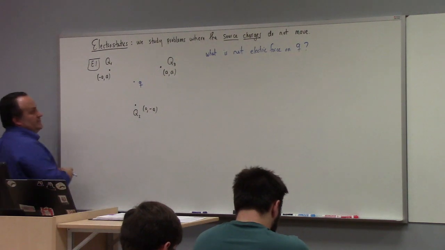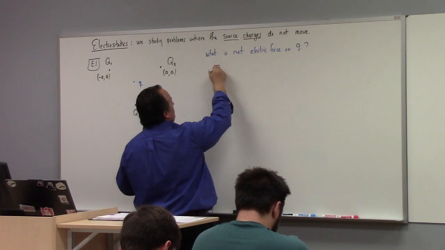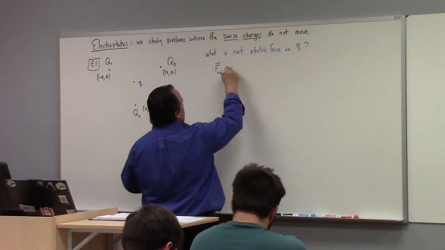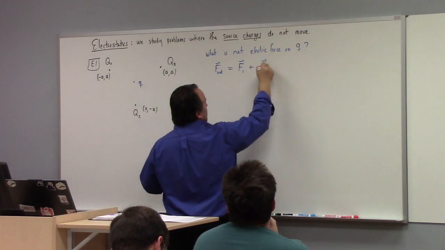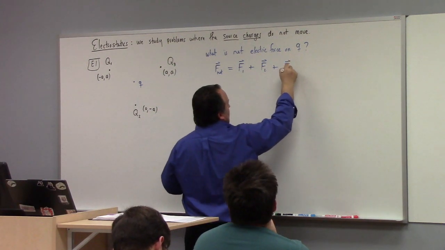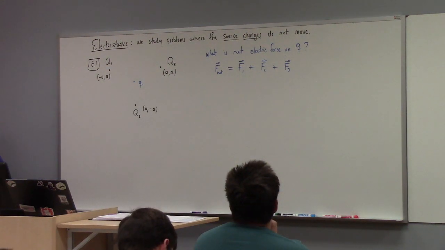All right, so how do we do that? Well, first of all, the net force is going to be the force from the first one plus the force from the second one plus the force from the third one, right? Because there are 3 forces, yeah?